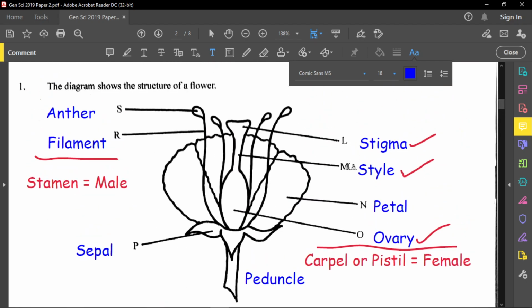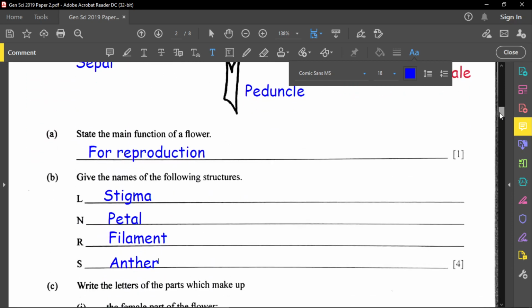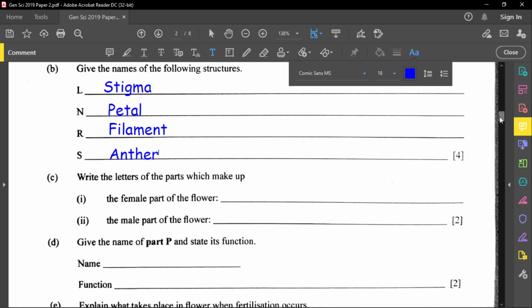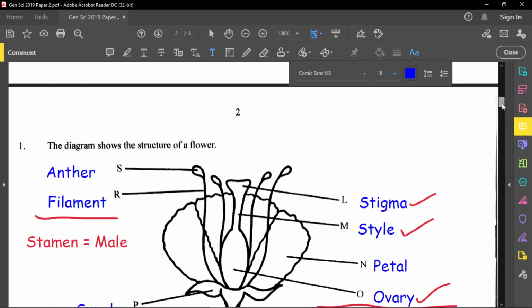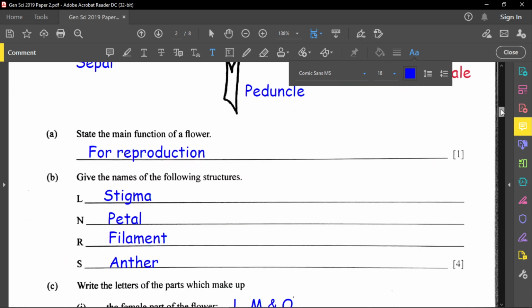There's L, M, and O: the stigma, style, ovary. And for the male part of the flower, the male part again is the anther and the filament, and it is S and R.